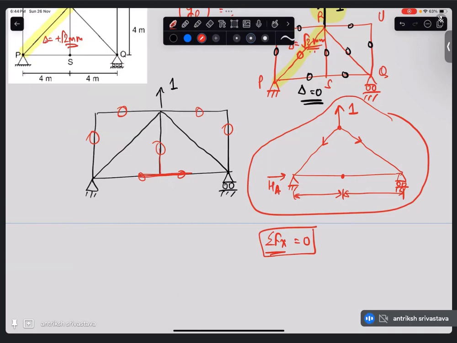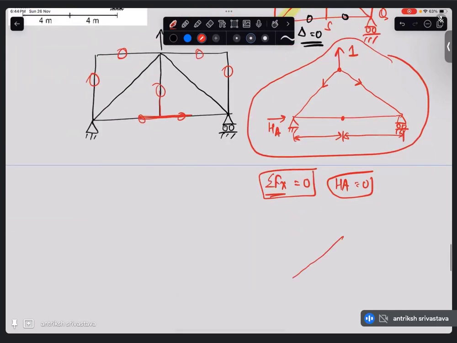So HA will not have any other force to balance it, so HA is going to be 0. That means this particular truss will have two vertical reactions here and one here. So it is a symmetric structure with symmetric loading.